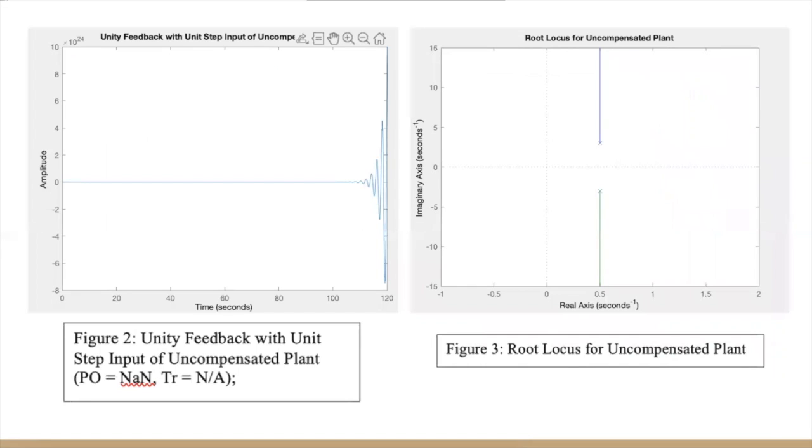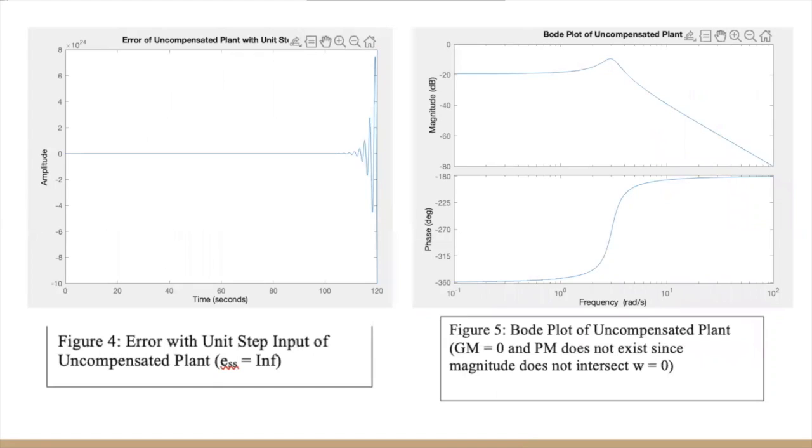The unity feedback of the unit step input grows exponentially. The root locus has positive real parts lying on the right of the origin. The error is also growing exponentially, and the Bode plot has a gain margin of 0 and a phase margin that does not exist since it doesn't go through omega equal to 0.